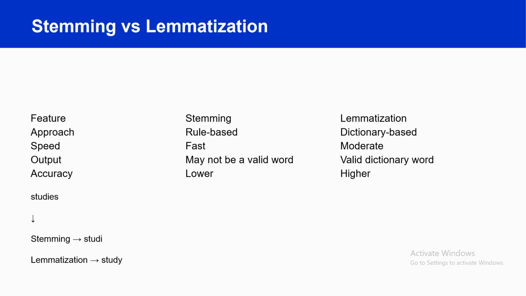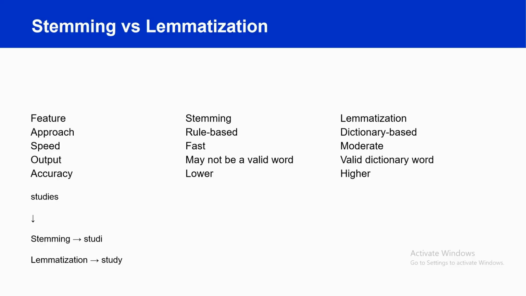Next, let's compare stemming and lemmatization. The first difference is the approach. Stemming is rule based, it removes prefixes and suffixes using predefined rules. But lemmatization is dictionary based, it checks the words in the dictionary and applies a set of grammar rules before finding the correct base form. The second difference is speed. Stemming is faster because it simply applies rules, but lemmatization is slightly slower because it checks the dictionary and considers grammar rules.